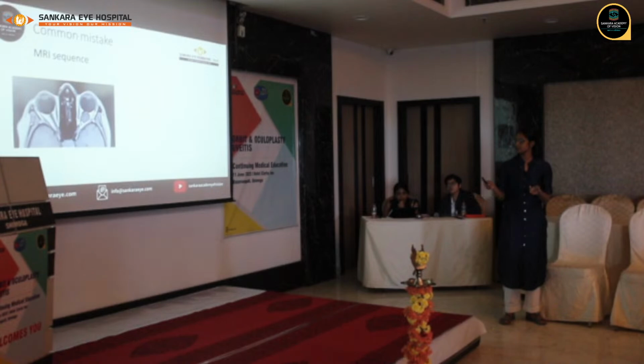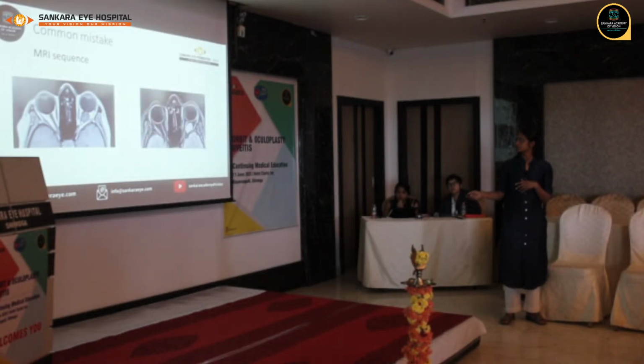And next is your sequence. The sequence again, T1 weighted, T2 weighted, fat suppressed. And there are other sequences too. But here what I want to highlight is the non-fat suppressed image. So you are seeing a lesion. The same thing here, it is fat suppressed, you can appreciate the lesion and there's a contrast given too, and its relation with the optic nerve.